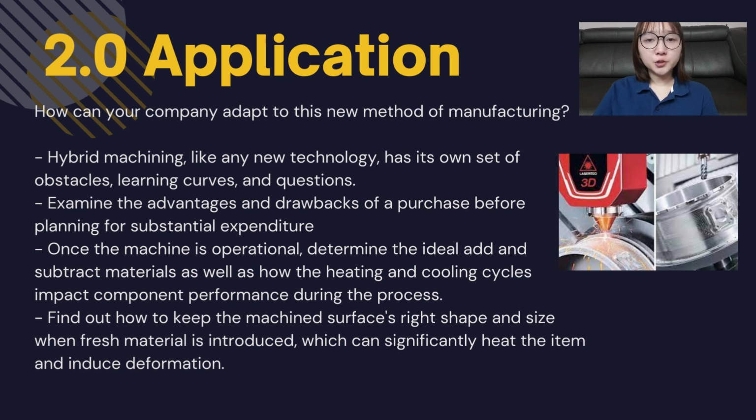Once the machine is operational, you must determine the ideal additive and subtractive material as well as how the heating and cooling cycle impact component performance during the process. Finally, find out how to keep the machine surface the right shape and size when fresh material is introduced, which can significantly hit the item and induce deformation.